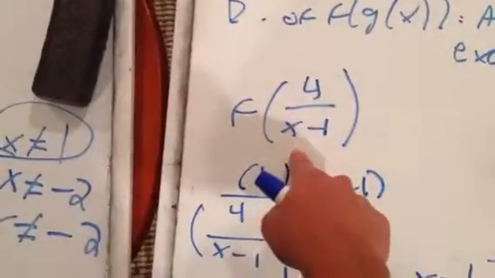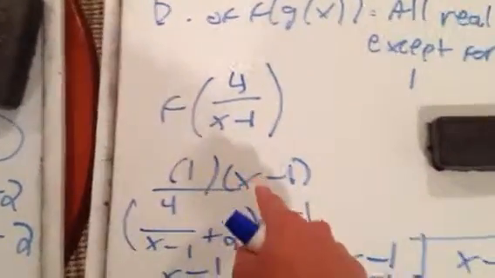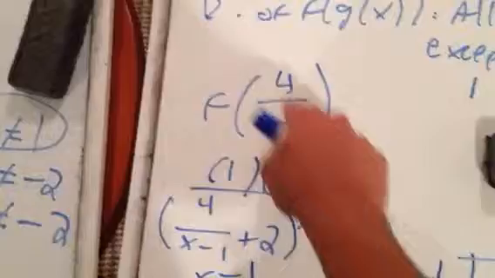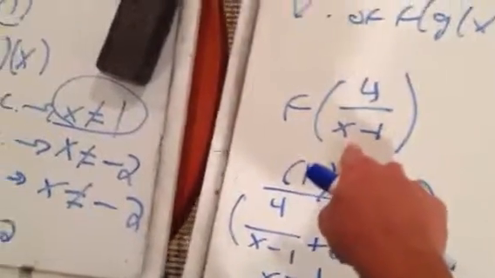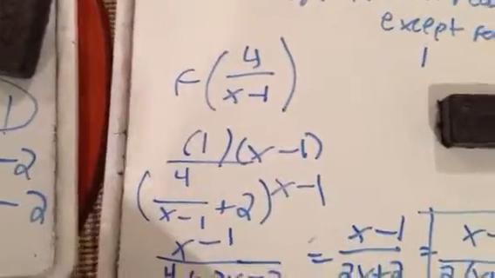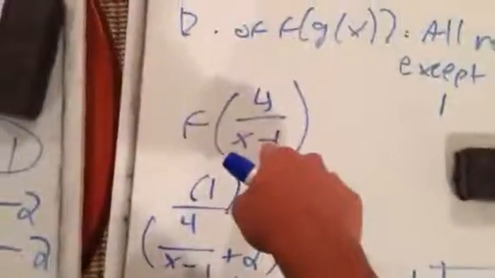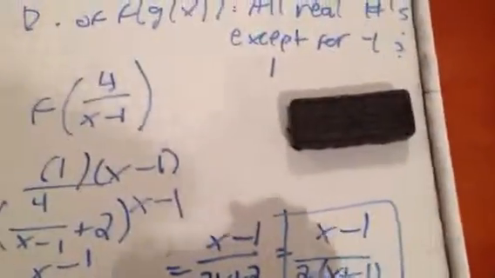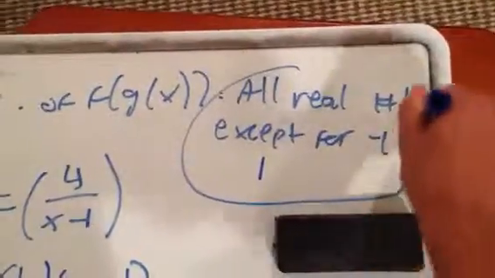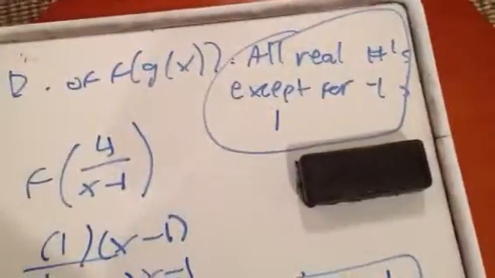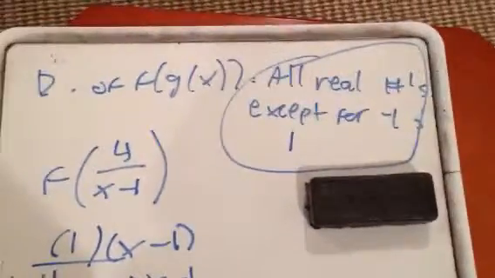But the truth is, you can't say 1 is not a restriction because 1 was still part of the original function, 4 over x minus 1. If you sub in 1, that'll be 0, and that's a problem. So this is correct, and the domain confirms the composite function and vice versa.